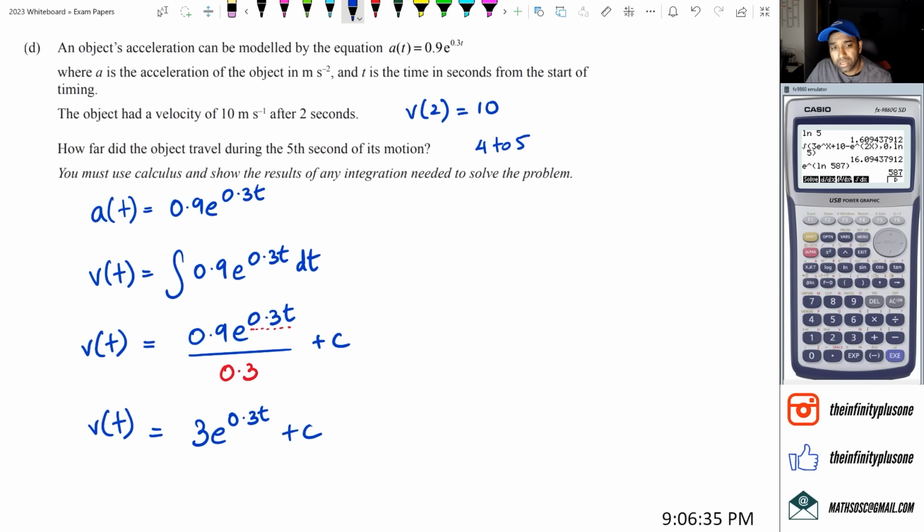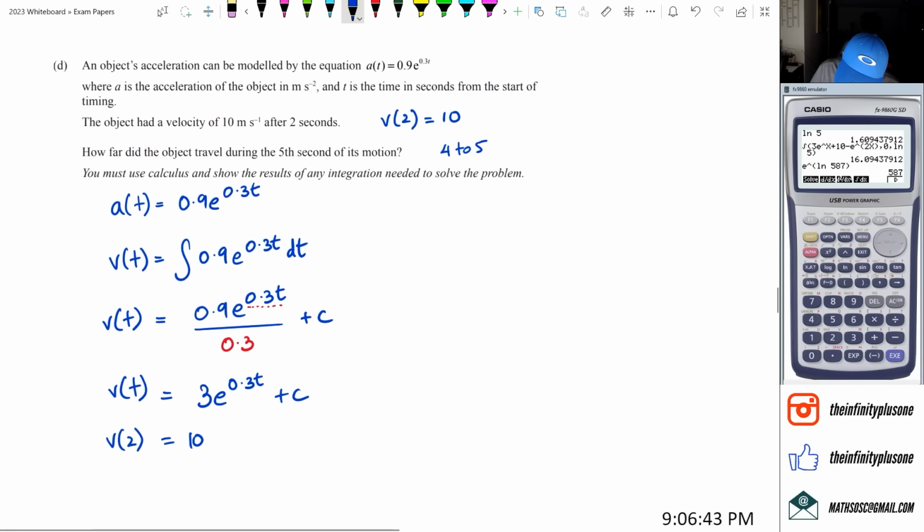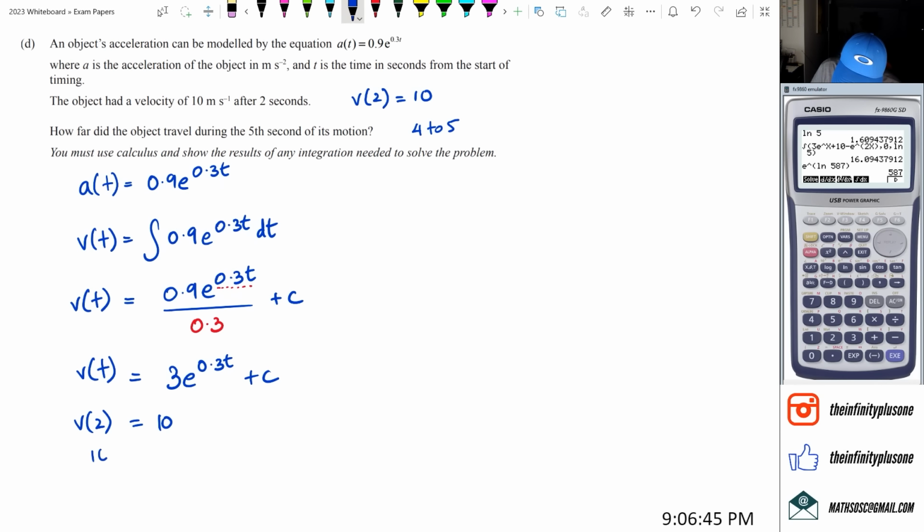Now I do know that when the time is 2 seconds, velocity is equal to 10. So v of 2 is equal to 10, which means 10 is equal to 3e to the 0.3 times 2 plus c. Unfortunately guys, let's face it, we're not going to get a nice number here. We're going to have to actually work this c value out.